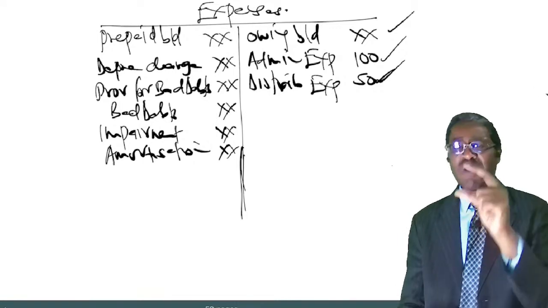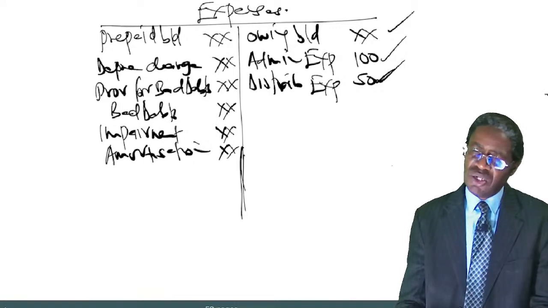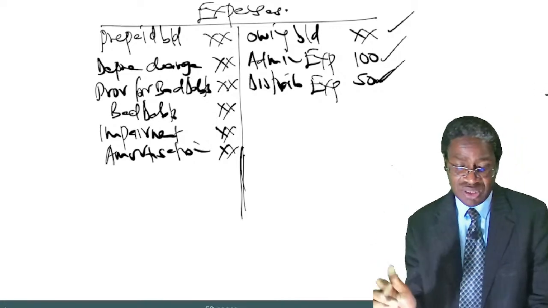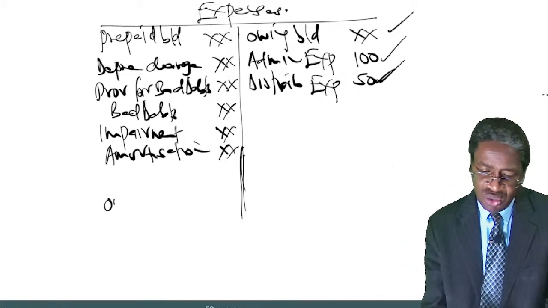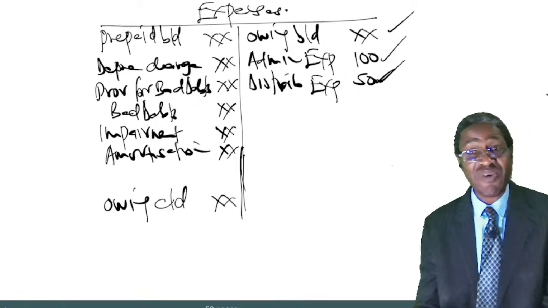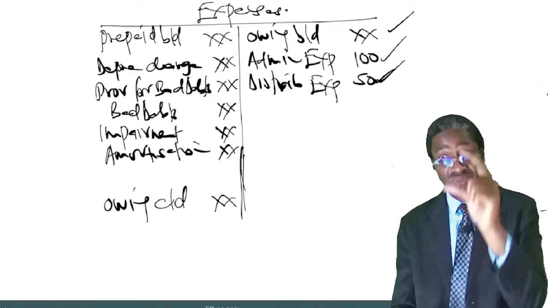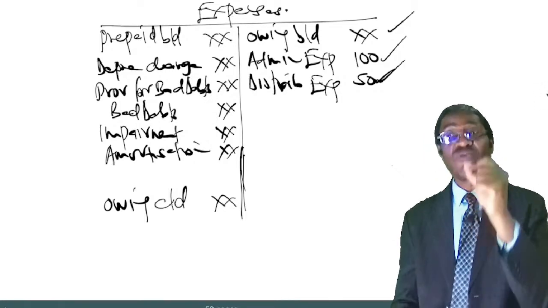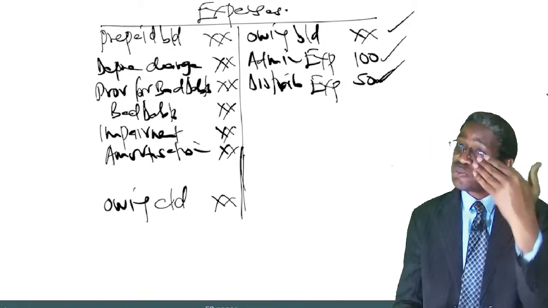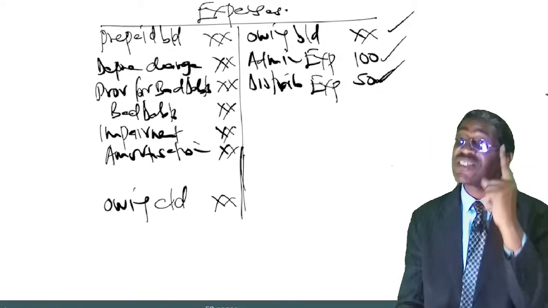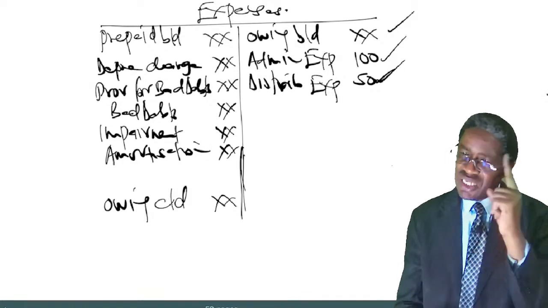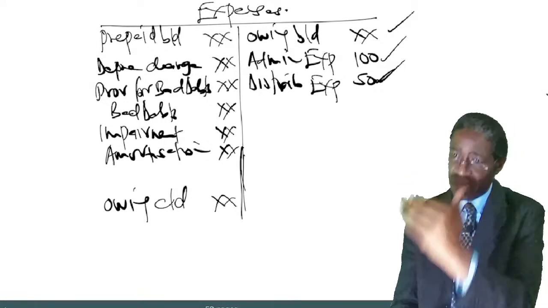Listen, but by the end of the year, you cannot have a brought down without a carry down. So what you will do first, you will come and say you're owing carried down. Whatever is the closing balance by the end of the year in terms of an accrual. I've told you, any expense that's accruing or owing is a liability. I've also told you, a liability is always a credit balance.